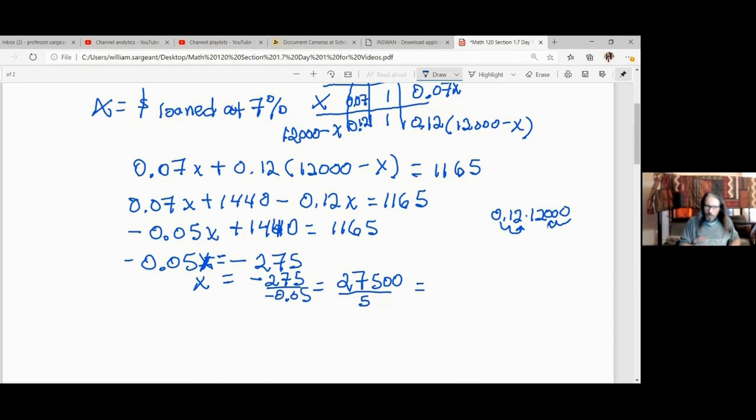Looks like we're going to have $5,500 at 7%. And since the total that was loaned out was 12,000, that's going to leave us 6,500 being loaned at 12%.